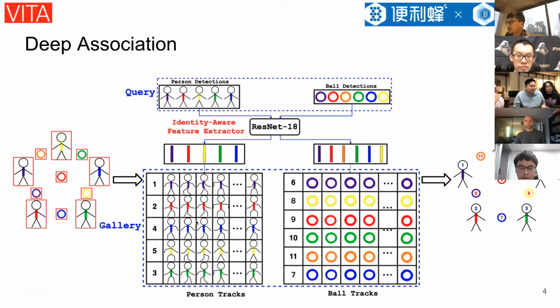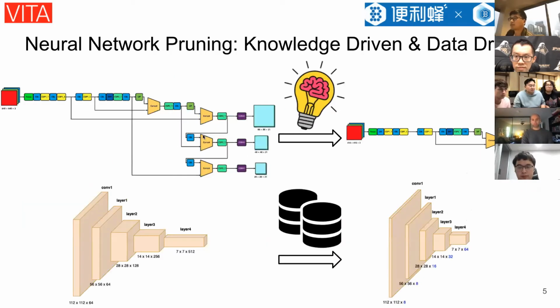This gallery records the history of previous feature embeddings, storing feature vectors for both persons and balls, and we apply matching strategies to make sure the nearest neighbors are matched. After the matching is done, we are able to tag the identity labels for each person and ball.